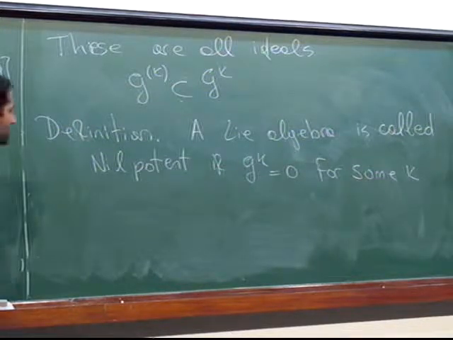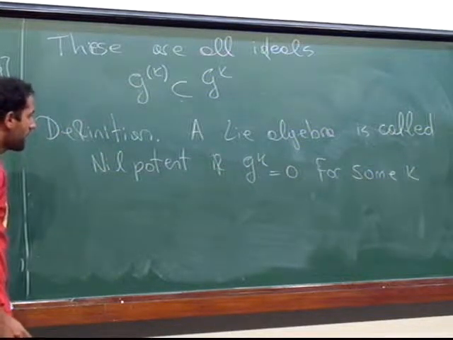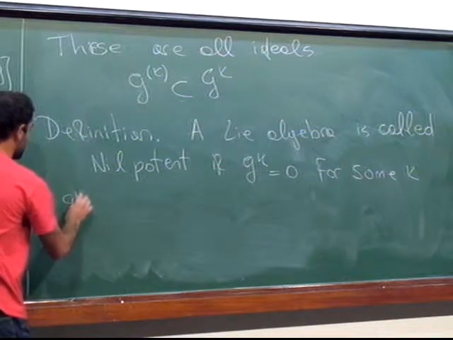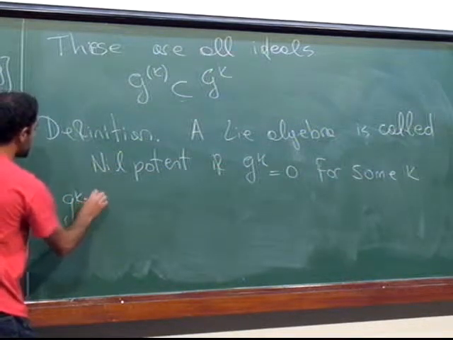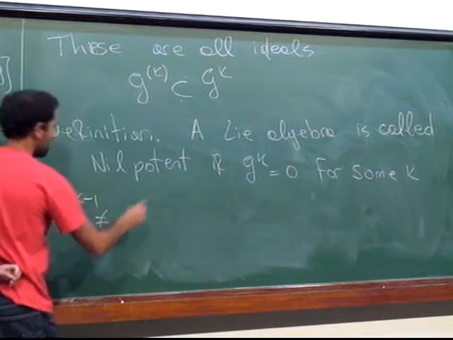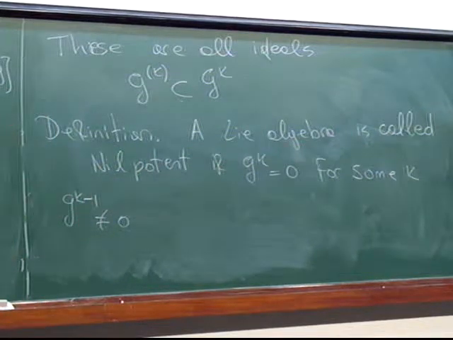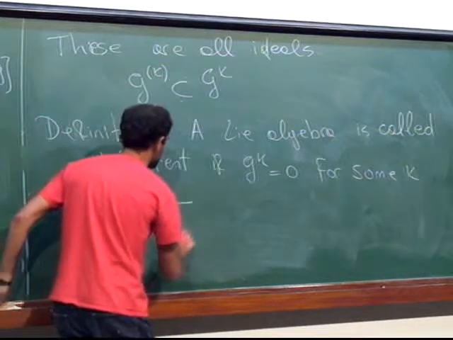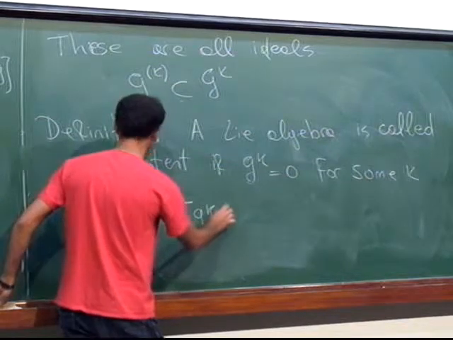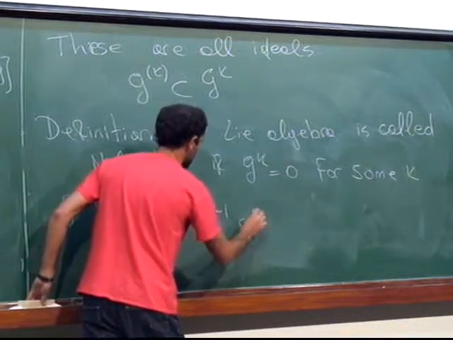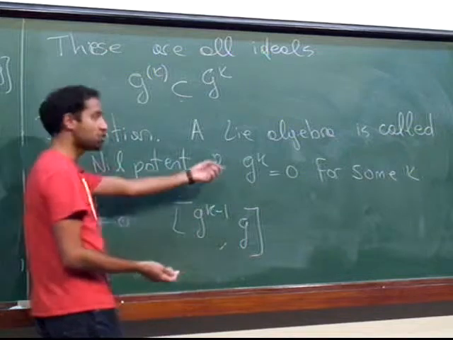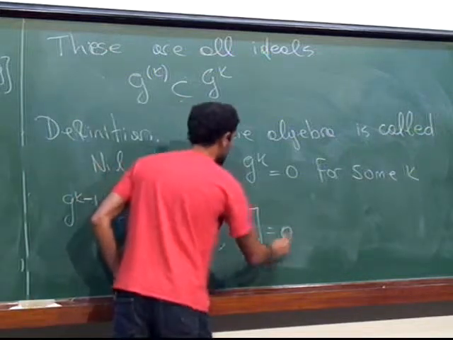Notice that if, say, G^(k-1) is not 0, but G^k is 0, then what does that mean? This means that G^(k-1) bracket G, which is by definition G^k, is 0.